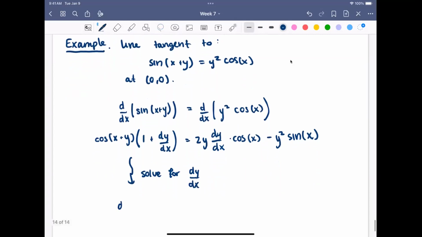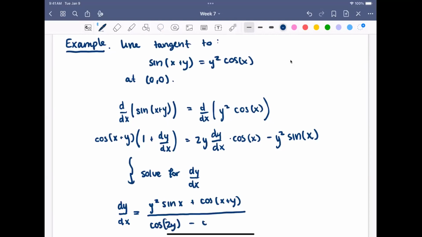And we get dy/dx is equal to y squared sine x plus cosine of (x plus y) divided by, oh sorry, I misread my cosine, cosine x times 2y minus cosine of (x plus y).